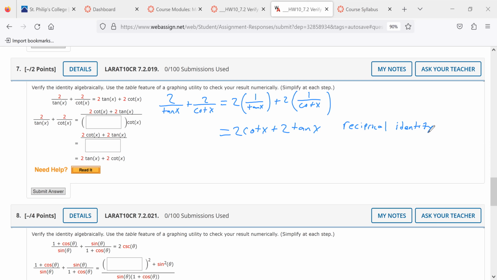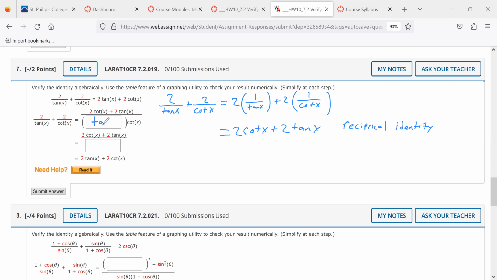They just multiplied the 2 on top of the tan by cotangent, and then the 2 on top of cotangent by tan. Oh, you mean they added the fractions, right? Yeah, they added the fractions. It just looks weird how they wrote it, but that's the only way they could get that.